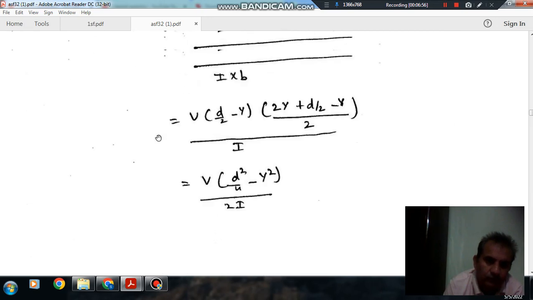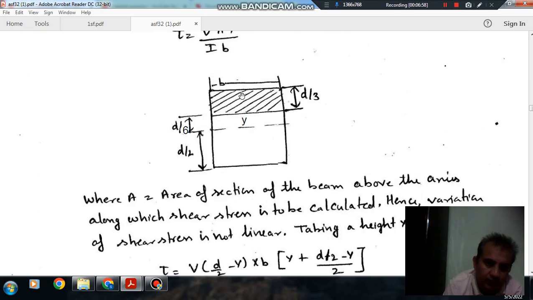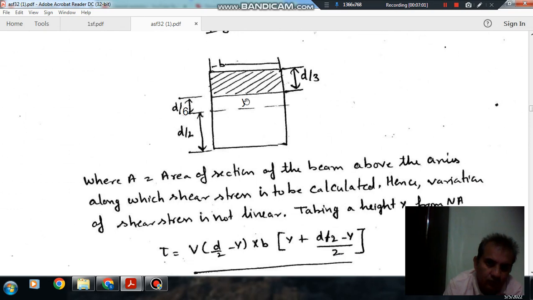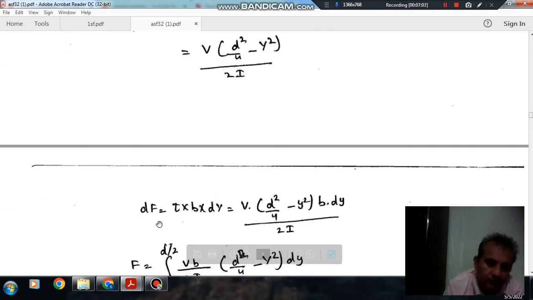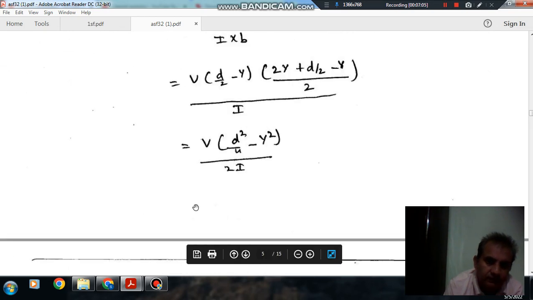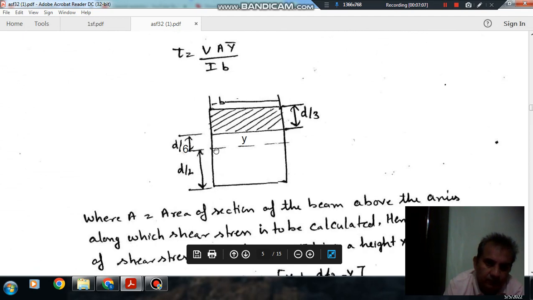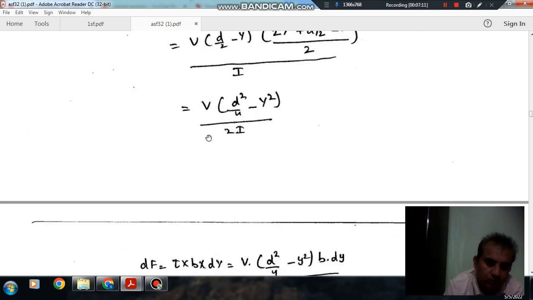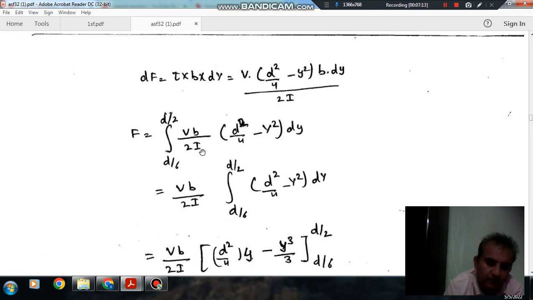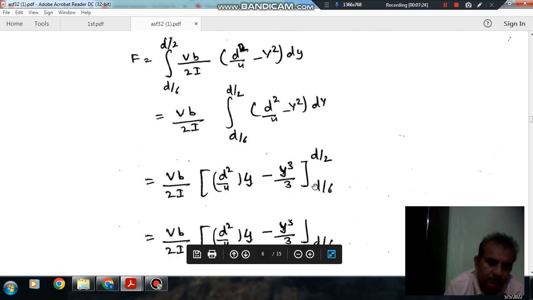Now, if we want to calculate the force carried by this portion, we will integrate it within the limits. The limits are from D by 6 to D by 2: V by 2I integral of (D square by 4 minus y square) dy.